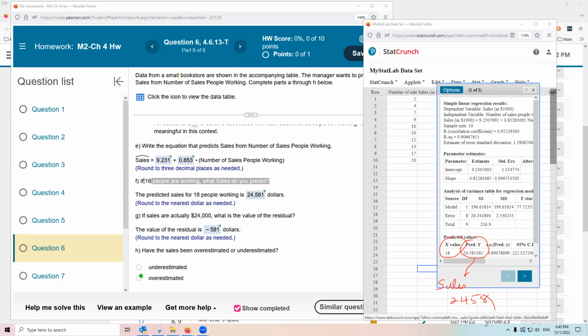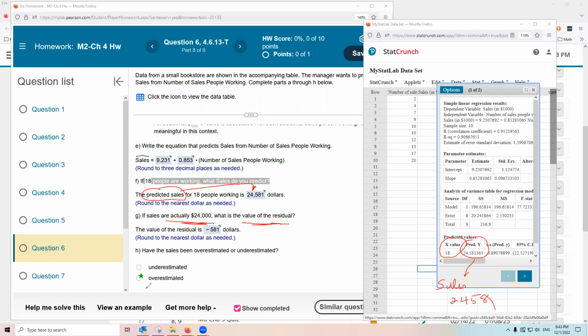All right. Well, here's the last question. If sales are actually 24,000, what is the value of the residual? For this, we have to know, what do they mean when they say residual? Well, in our example, we just predicted that if you have 18 salespeople on the sales floor, your sales would be 24,581. Remember, that's a prediction.